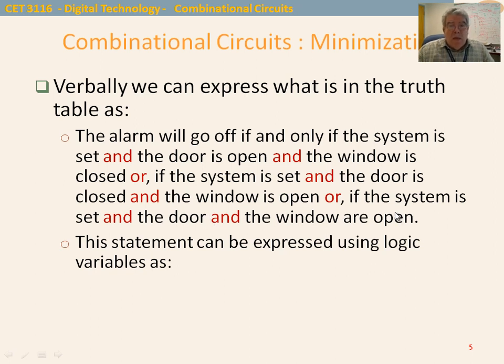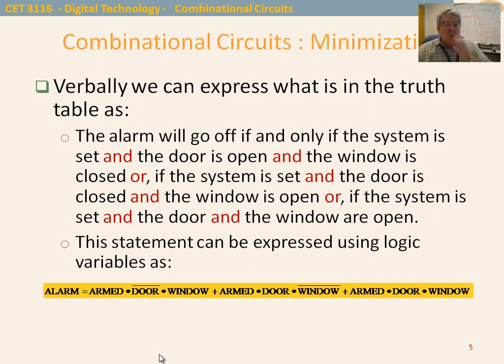Sorry, right? So we put that into words, and this is the alarm, which is the output. I need the alarm armed, and either, in this case, the door is closed but the window is open, or the door is open and the window is closed, or the door is open and the window is also open. So see, this sentence pretty much describes what we have here.